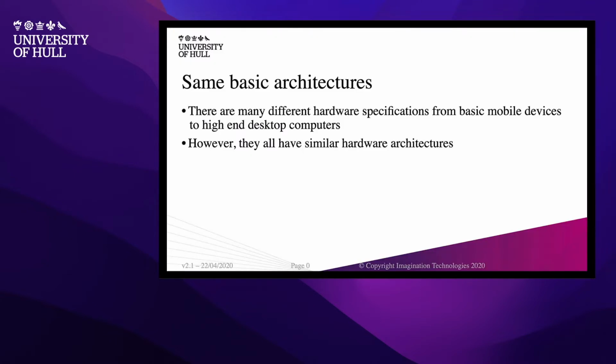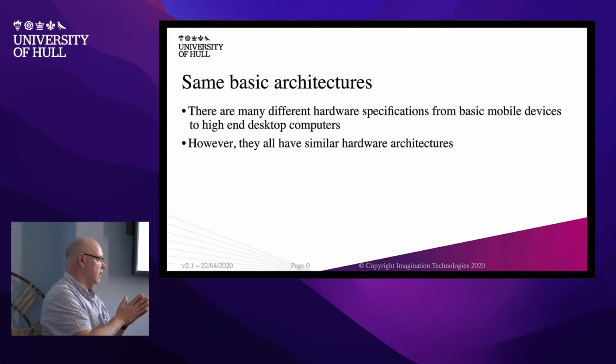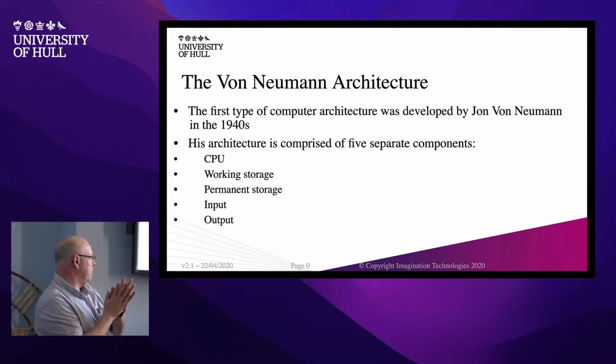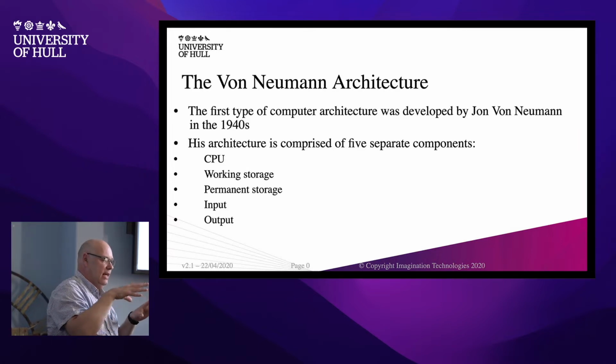So clearly, in hardware terms, you've got a huge range of different specifications, from high-end desktop PCs to basic mobile phones. But I would argue they all have similar hardware architectures, in the sense that von Neumann, back in the 1940s, came up with this idea that a computer is made up of five bits: the CPU, working storage, permanent storage, input and output.